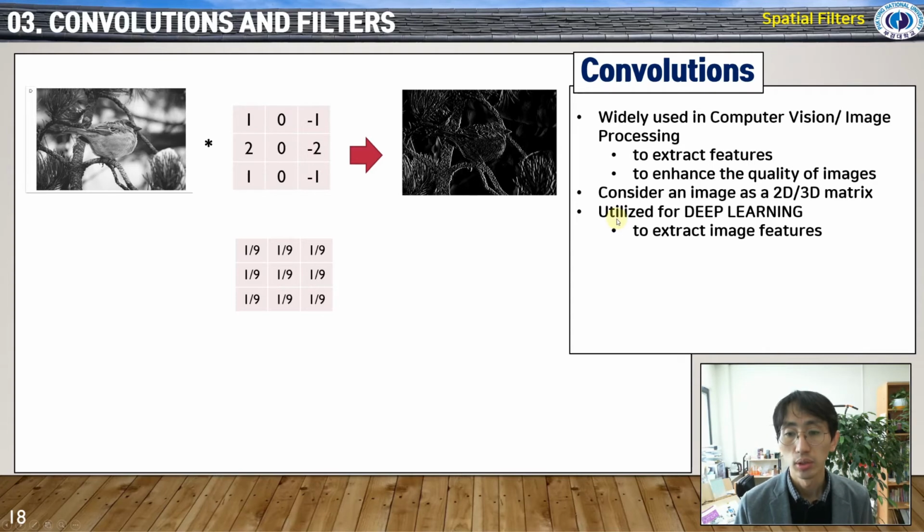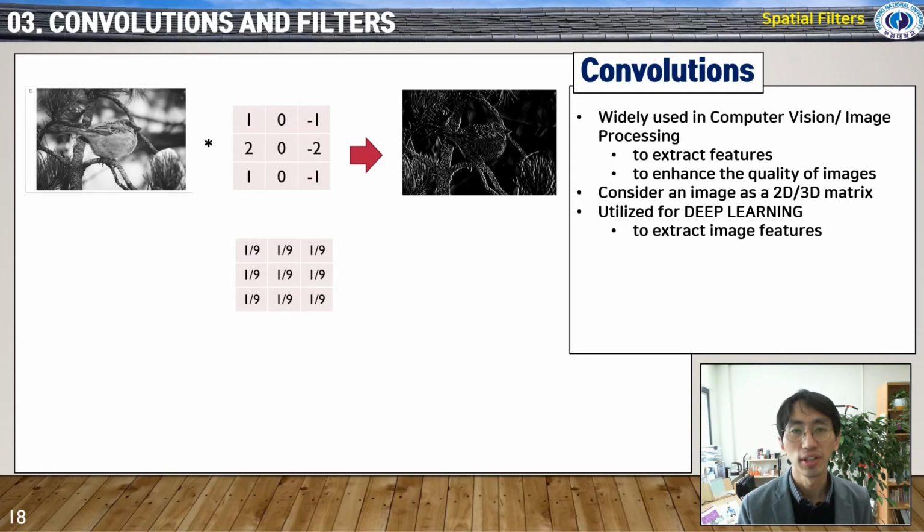Okay. These convolutions are utilized for deep learning as well. I told you that the max filter or min filter is often used in deep learning, and convolutions are one of the main cores of deep learning these days.